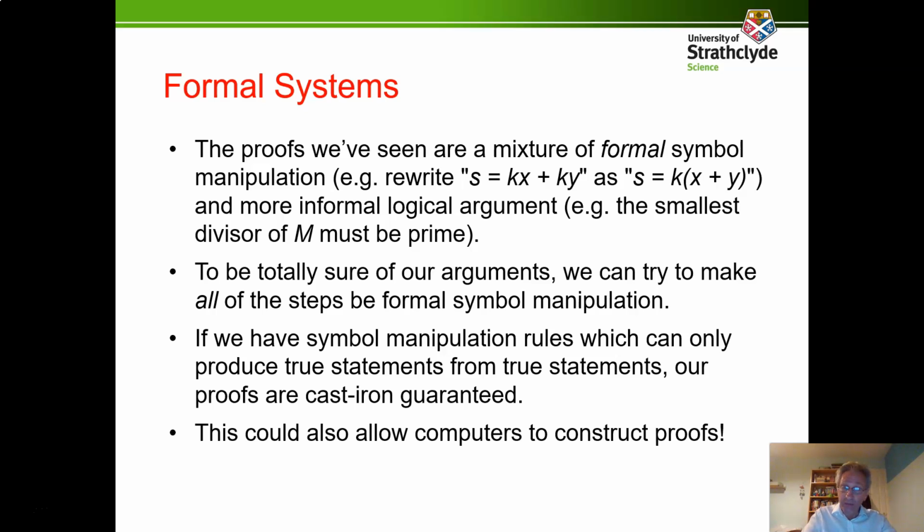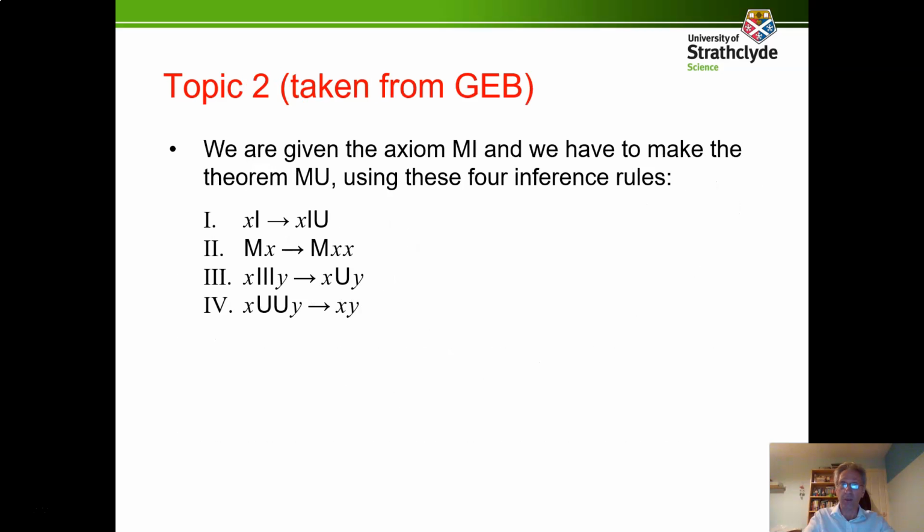And that could even allow computers to construct proofs. And indeed, computer programs are written that construct proofs every day. These things are called theorem provers. We use them all the time, particularly in computer science in areas such as formal languages and programming language theory, but in other areas as well. They're often used in AI too, artificial intelligence.